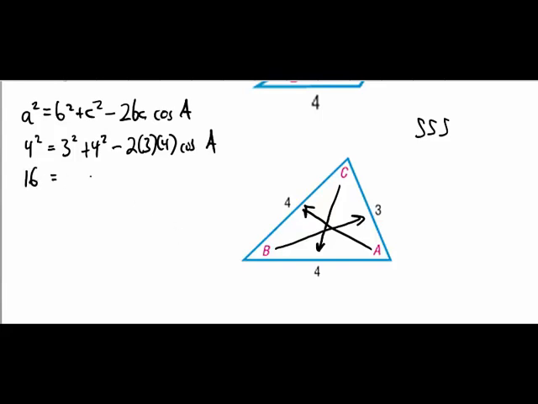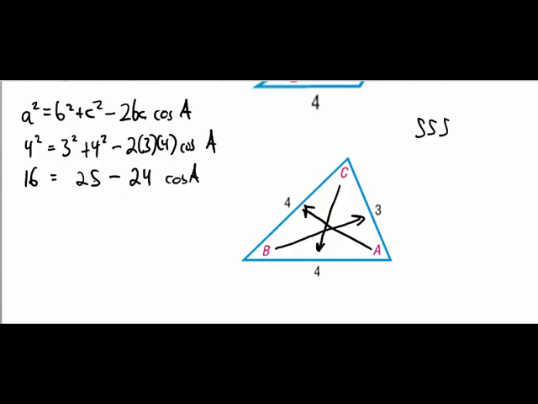4 squared is 16. 9 plus 16 is 25. 2 times 3 times 4 is 24 cosine A. Again, resist the urge to say 25 minus 24 is 1 cosine A, because this 24 cosine A, consider it like a term. Consider it like 3x.